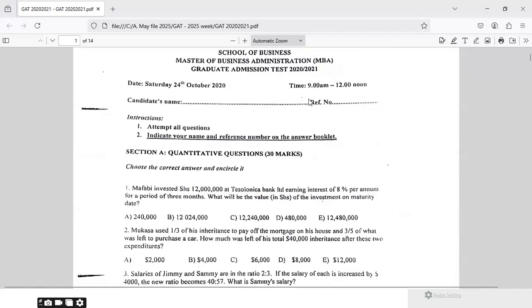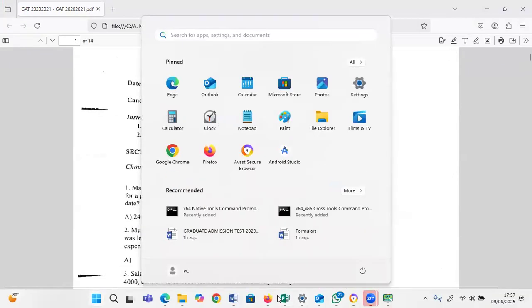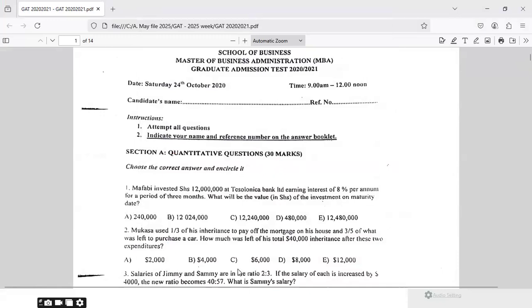Okay. This is what we are doing. The question was saying, let us first study the question, that a third of his inheritance is to pay off the mortgage on his house.